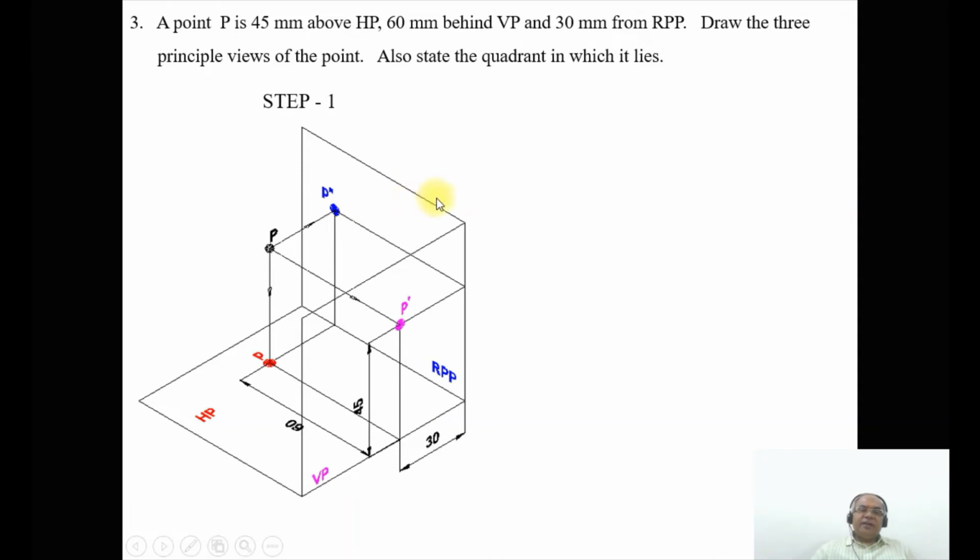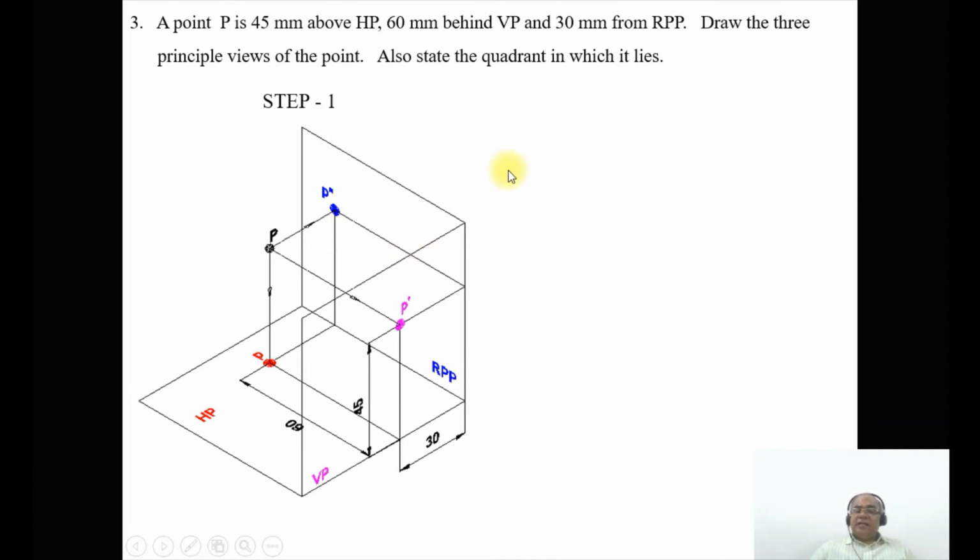So when you look from the right side view, the object you can see is above HP, which is that distance here, and also the distance behind VP is seen. So that distance will be seen here when you look from the right side view.